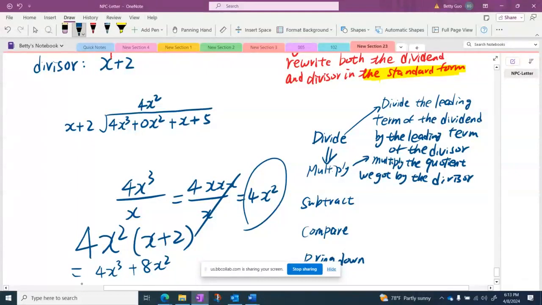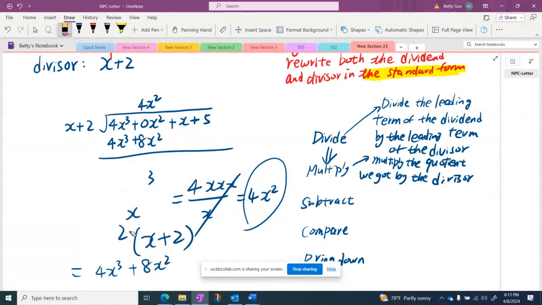And then where are we going to place that? We are going to place that under the dividend. Again, align the vertically aligned like terms, 8x squared. We are going to place 4x cubed plus 8x squared right below the dividend. Align the like terms. So far, so good?